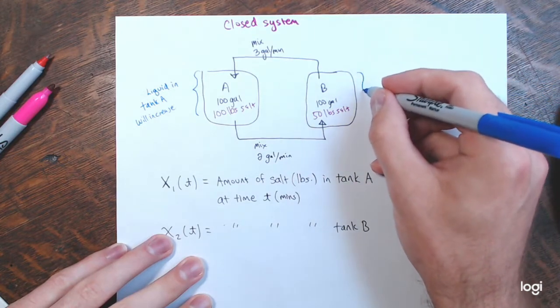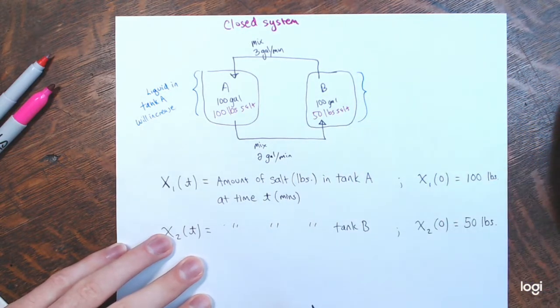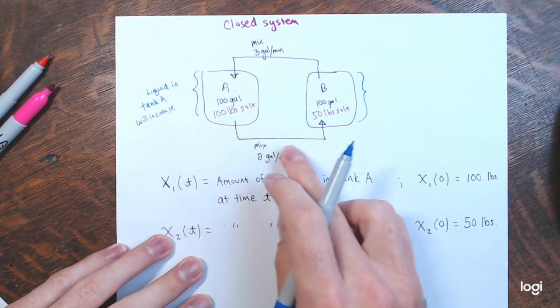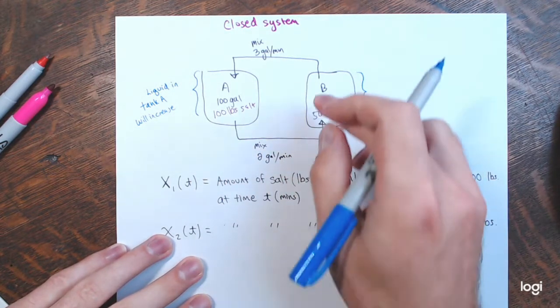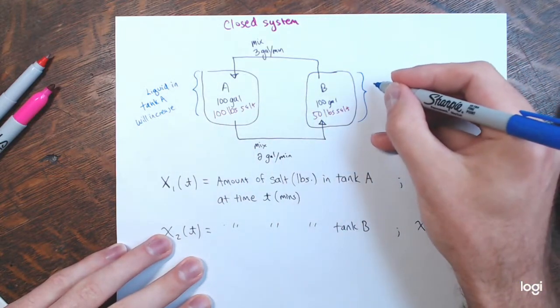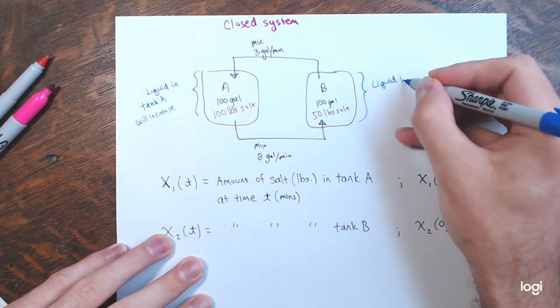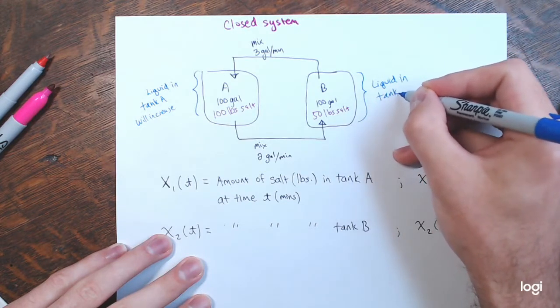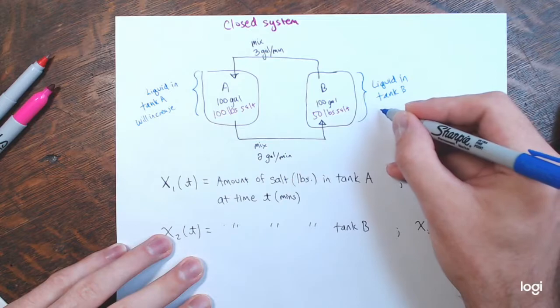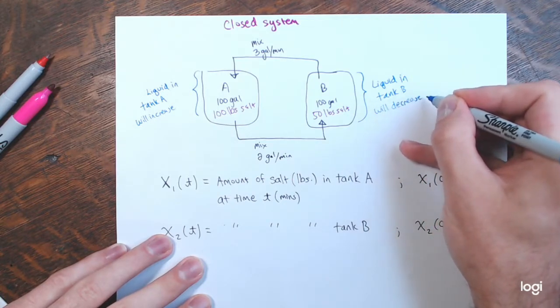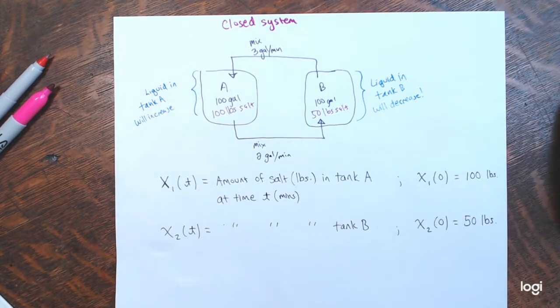And the opposite will happen over here in tank B. If 3 gallons are leaving tank B every minute and 2 gallons are coming in, that means more is leaving than is coming in. So the amount of liquid, the amount of brine, the mixture in tank B, will decrease, and we'll talk about what that means when we set up our equations. Right. Okay.